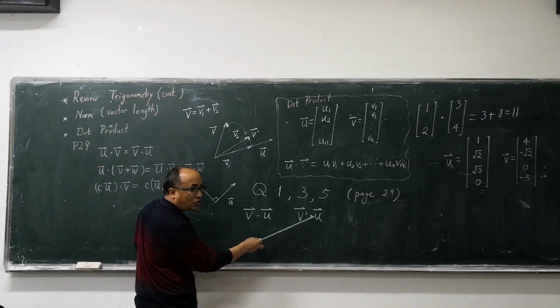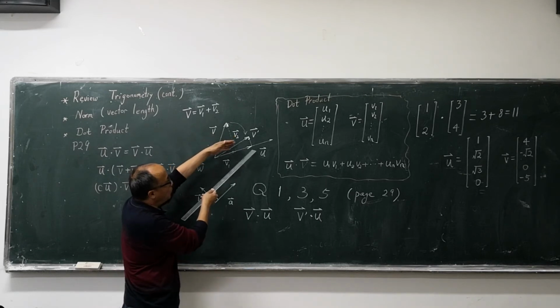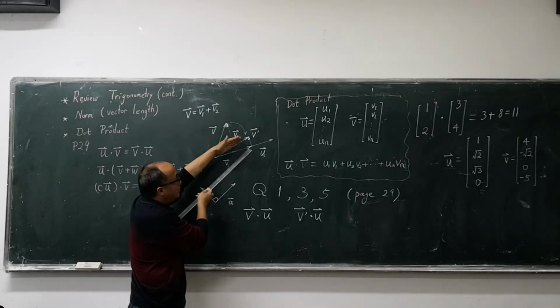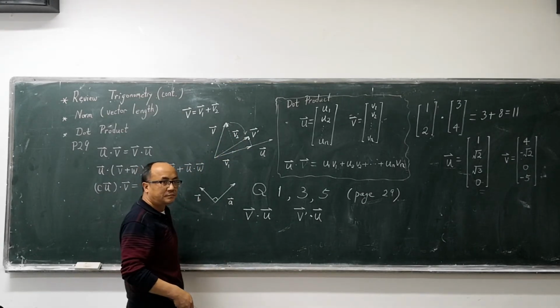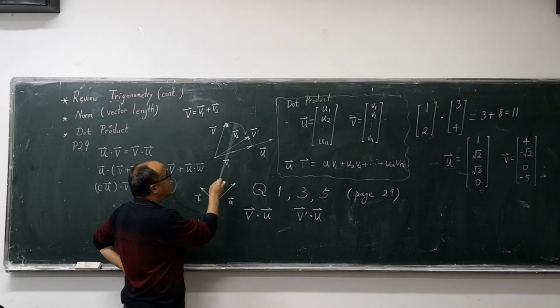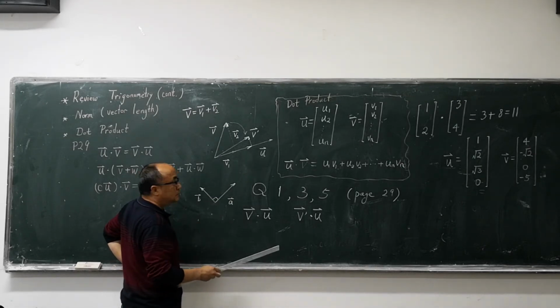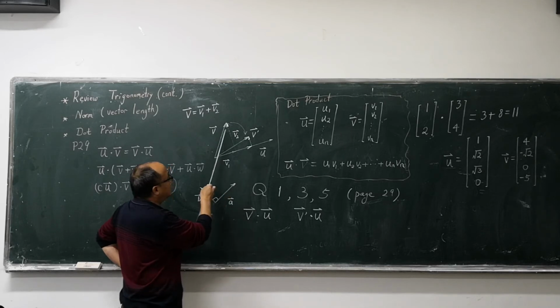This one is the larger because they are more consistent. If this is a boy and these are two girls, this girl is more consistent with this boy. And this girl is less consistent.